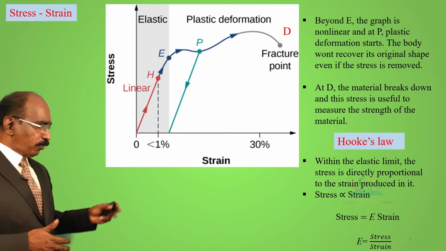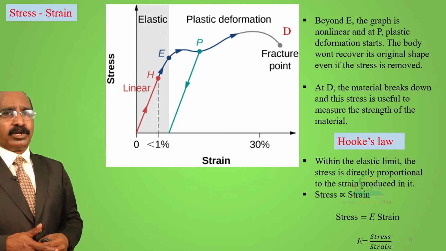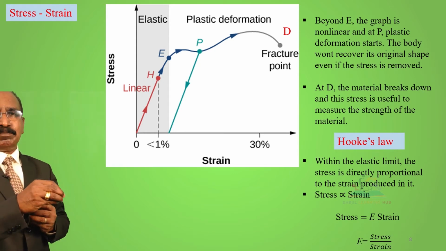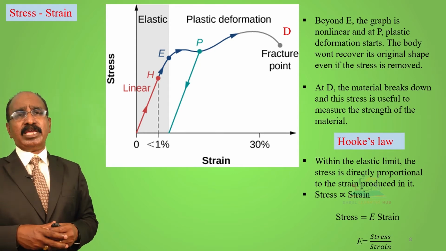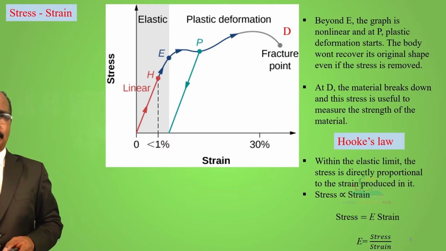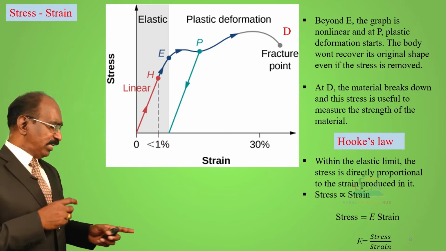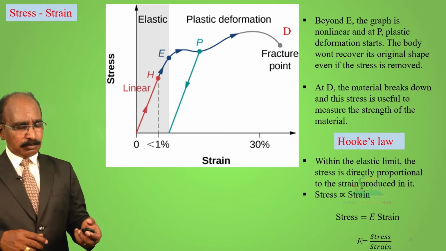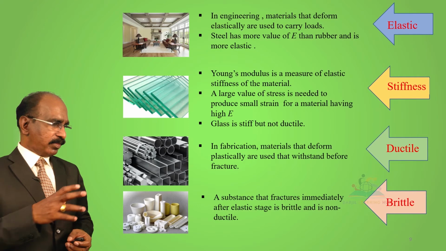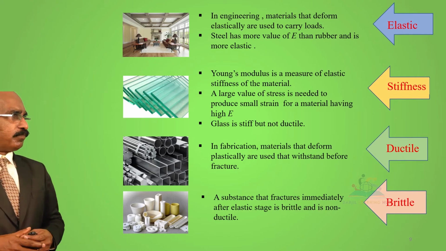Therefore, stress is proportional to strain. Therefore, you can take the proportionality and put a constant, and that constant you call the modulus of elasticity. We have represented it by the letter E. Therefore, E will be equal to stress by strain. This is what you call Hooke's law.